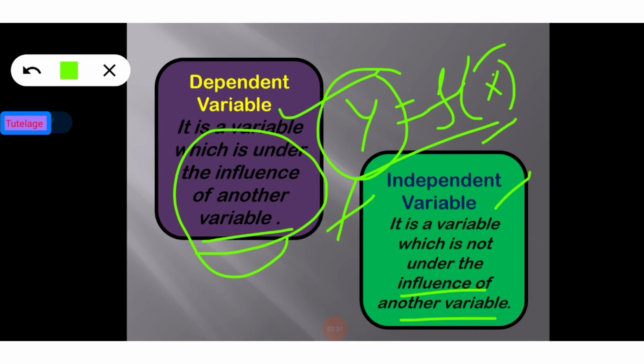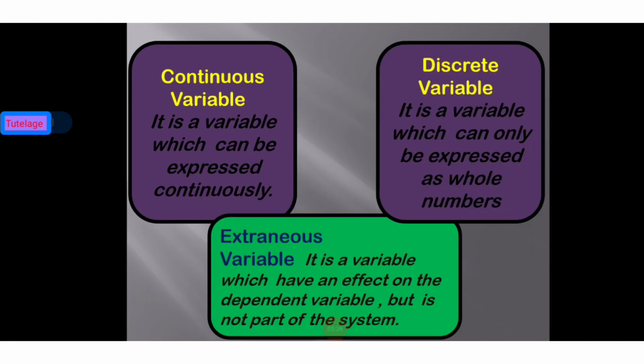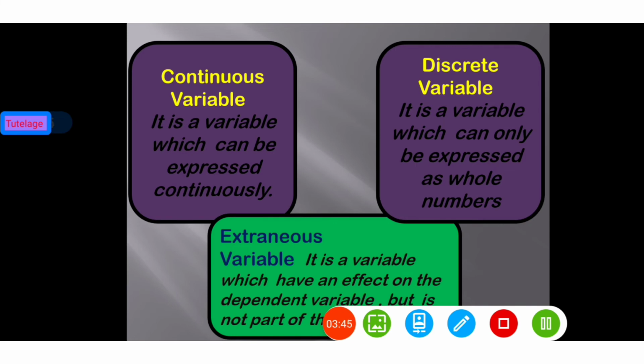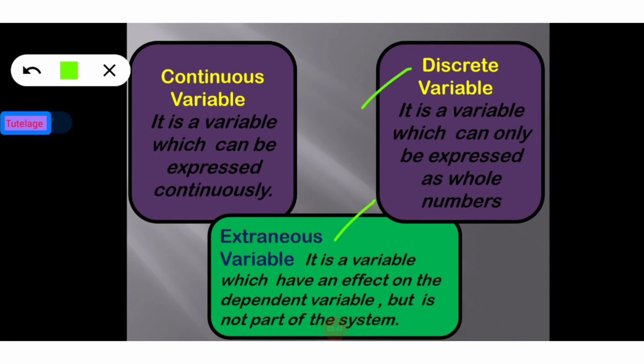I think the difference between dependent variable and independent variable, and the actual meaning of dependent and independent variable, is clear to everyone. So now move on to the next slide where we can see there are three types of variable: continuous variable, discrete variable and the extraneous variable.